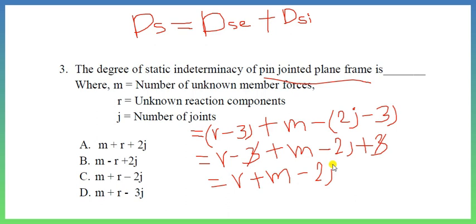So the correct option is M plus R minus 2J. So option C is the correct answer.